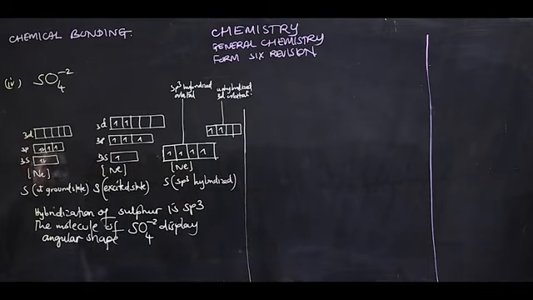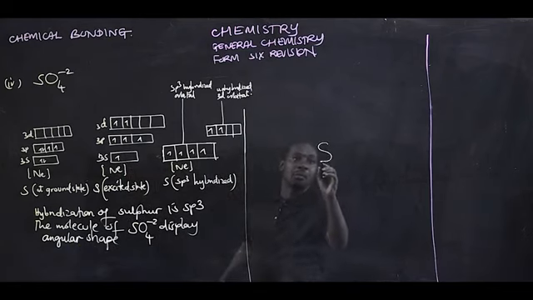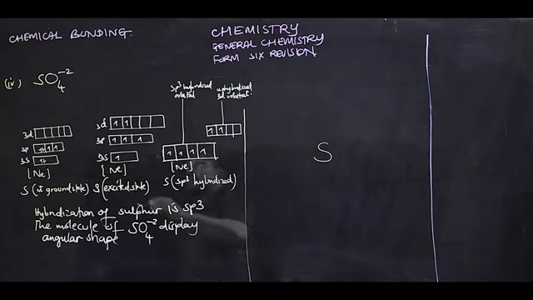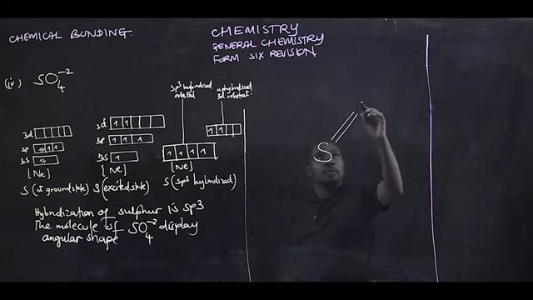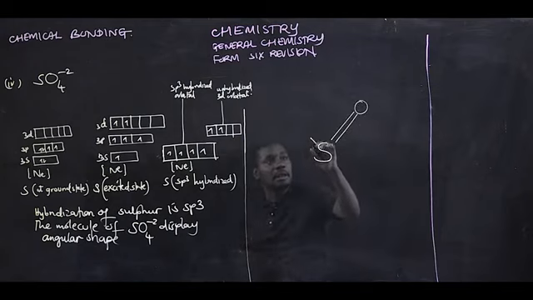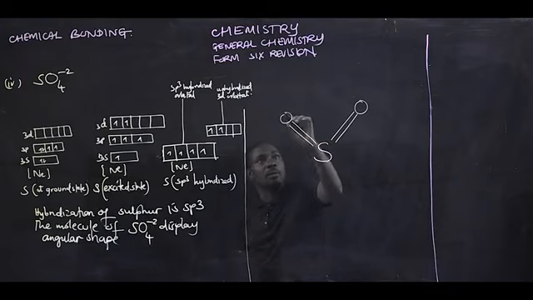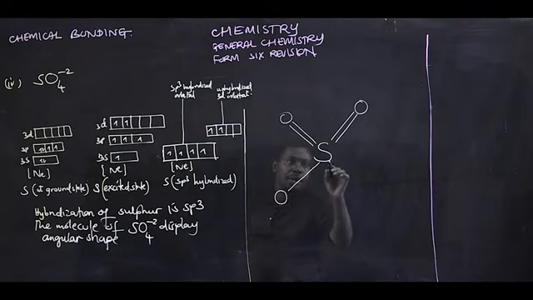Geometrical shape. The geometrical shape of the sulfate ion is known as angular shape. According to the structure of sulfate ions, sulfur combined with 4 oxygen atoms. 1 oxygen atom formed a double bond with the sulfur, another oxygen atom formed a double bond with the sulfur, and the third and the fourth formed only single bonds with the sulfur.